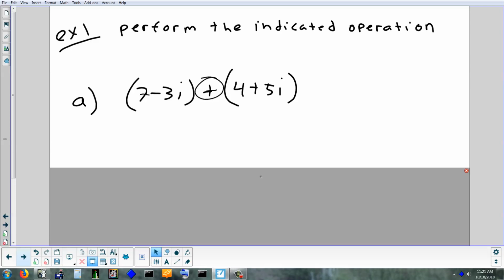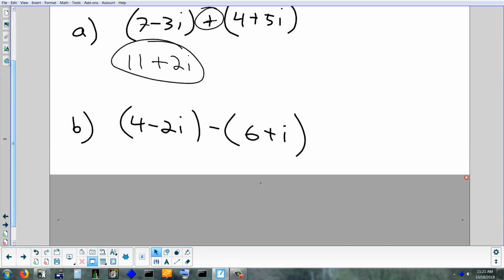So if I combine the real part in the first one and the second one, what do I get? 11. If I combine the imaginary in the first plus the imaginary in the second, what do I get? Positive or negative 2i? Positive 2i. And that's it. Now, subtraction works almost the same way, except remember what you do when something's on the outside of parentheses like that?